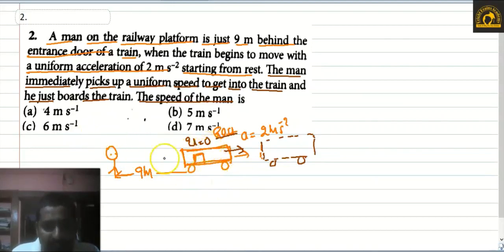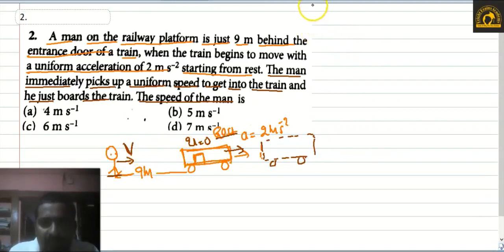Initially the train is at rest, and the man is standing 9 meters from the entrance of the train. How much speed is required to get inside the train? That is the question mark.